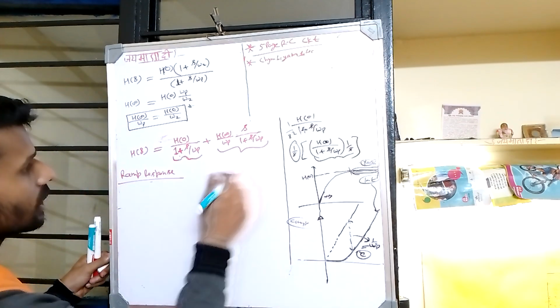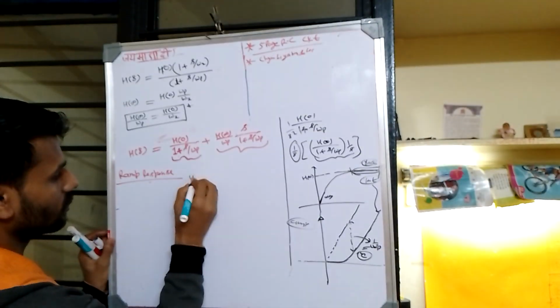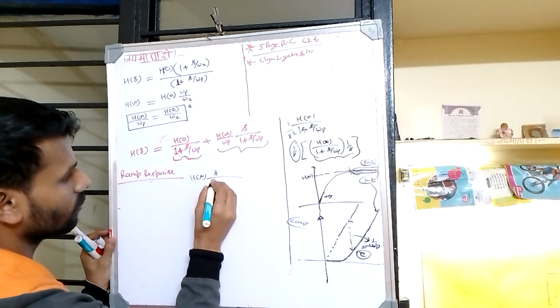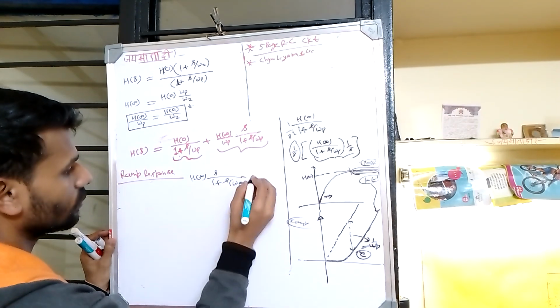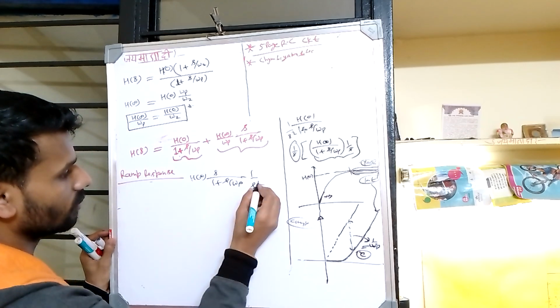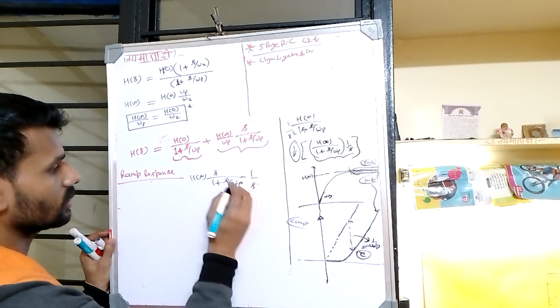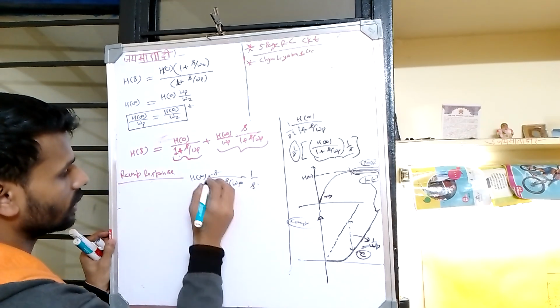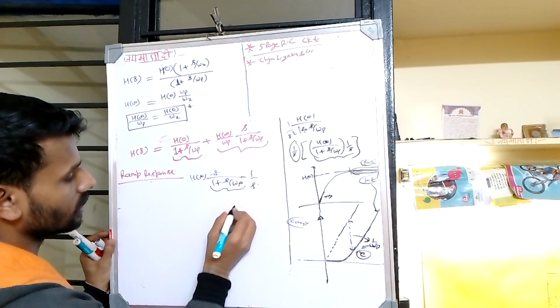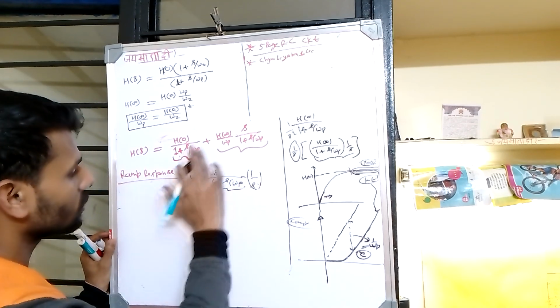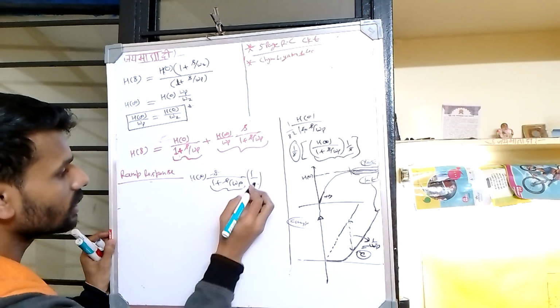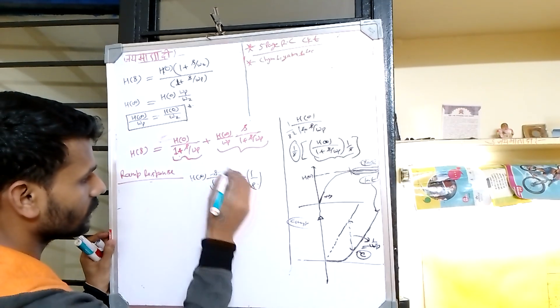And for this, h of infinity upon 1 plus s by omega p. If you want to plot the ramp response, then you multiply with s square. So this is gone, and this looks like the step response for this transfer function. This whole thing looks like the step response for this transfer function.